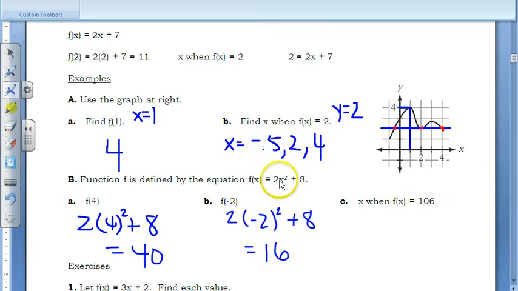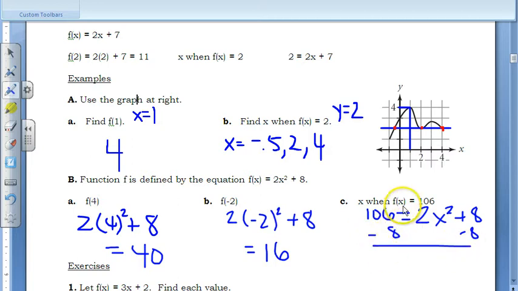So in this case, we're actually substituting 106 for where y normally is. So 106 equals 2x squared plus 8. I will subtract 8 from each side. Then I will divide by 2 on each side.